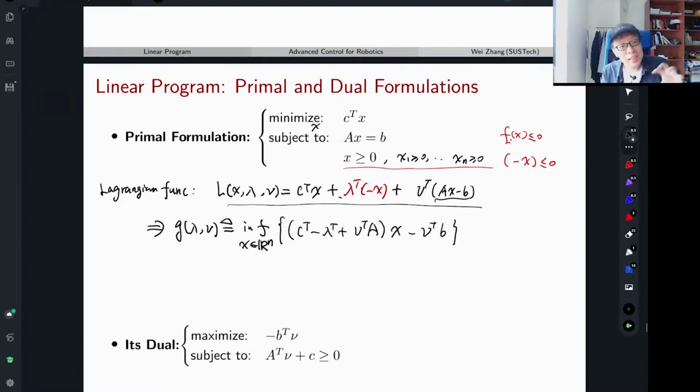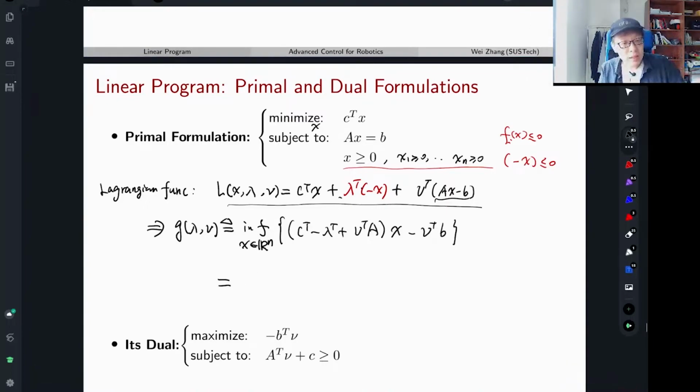In terms of defining the dual function, you somehow need to solve an optimization problem already. For many problems, it's really hard to derive the dual function analytically, but in this case we can. Maybe Zhu Xi, we can continue. What do you think the solution should be?